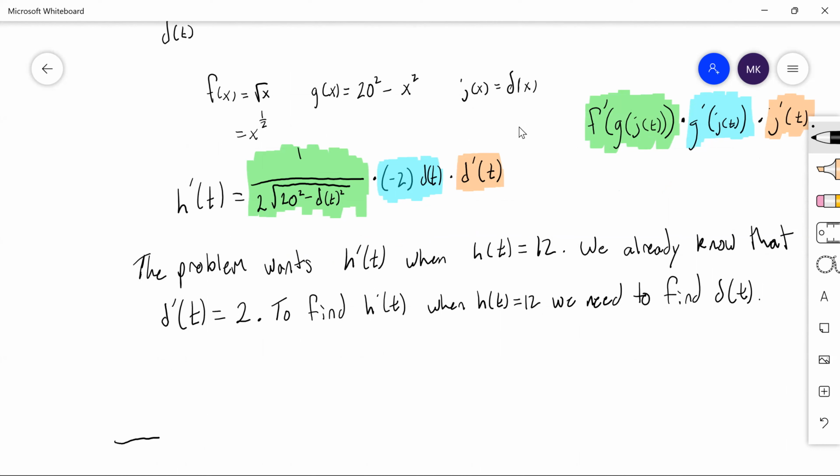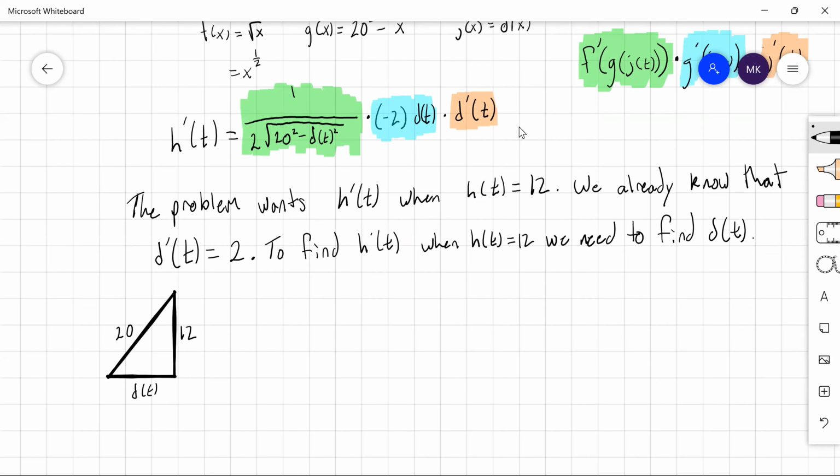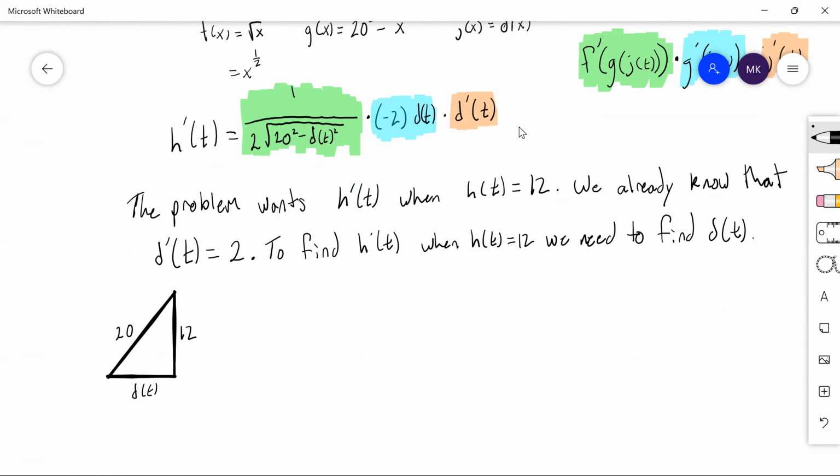So what that means is we have our triangle. This is 20, this is 12, and this is d of t. So we need to find out what that equals. Okay. And very simply, using the Pythagorean theorem, d of t equals 16.